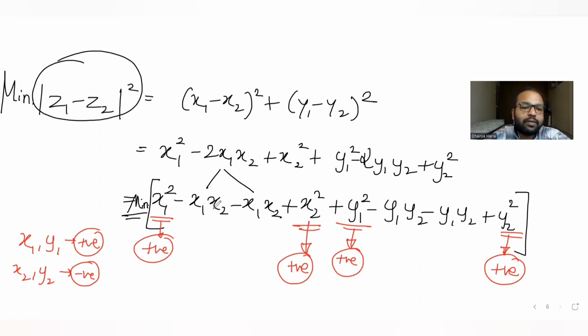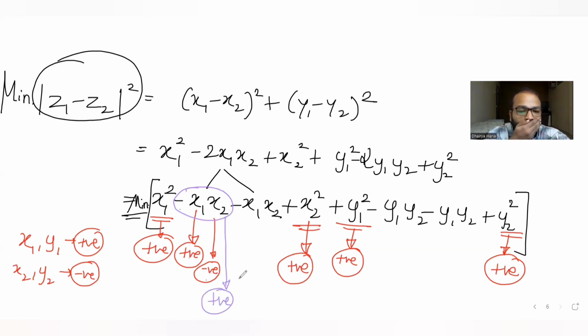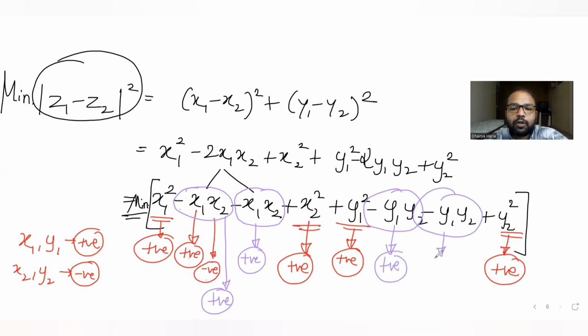I can write this as plus x1 into minus x2. x1 is positive, x2 is negative, but if I see the entire product here, it is minus of positive into negative, so the entire product turns out positive. And this entire product also turns out positive, because we already know y1 is positive but y2 is negative, negative and negative.